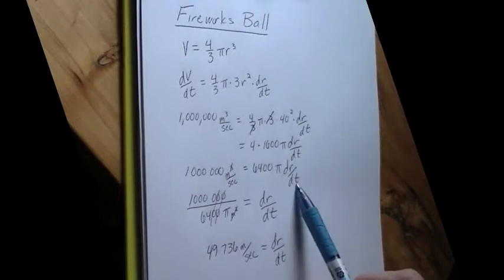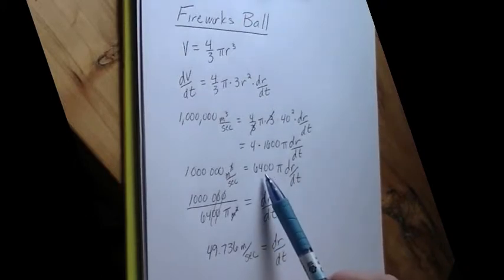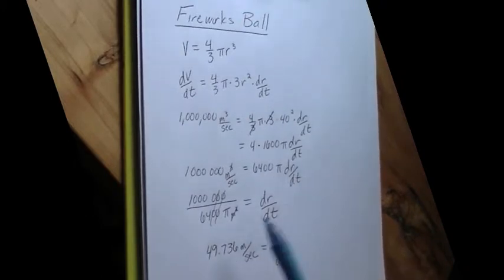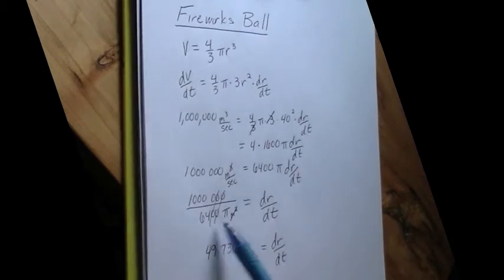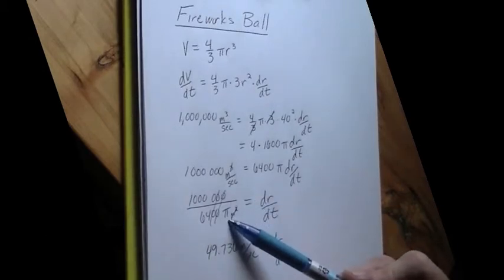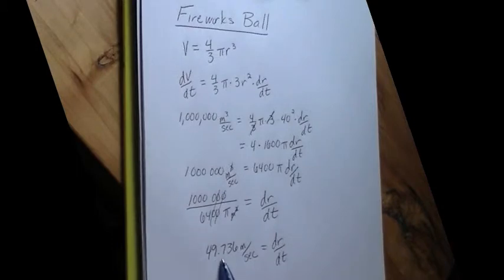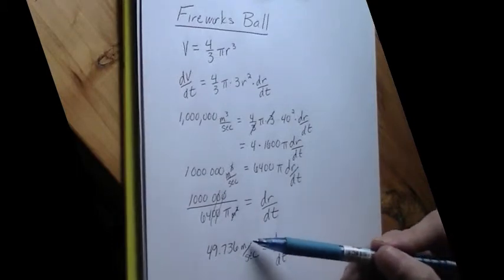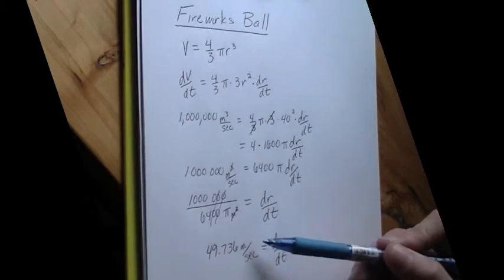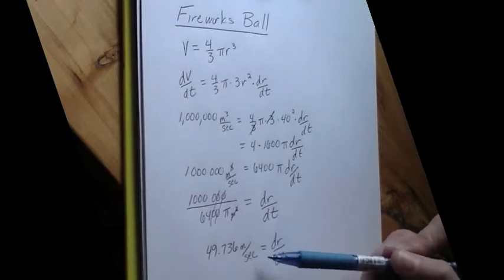To solve for dr/dt, I can divide by 6,400 pi, and when we divide 1,000,000 by 6,400 pi, we get 49.736, and the units are the rate of change of radius in meters with respect to time in seconds.